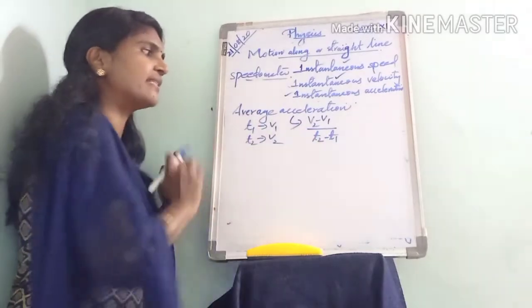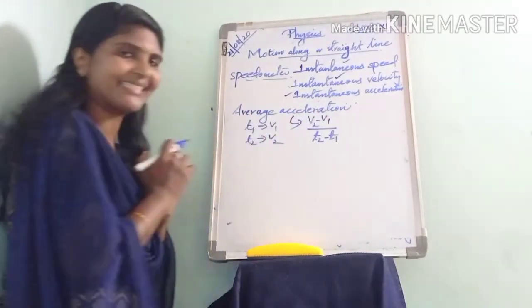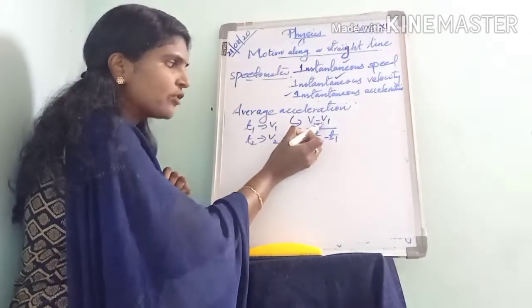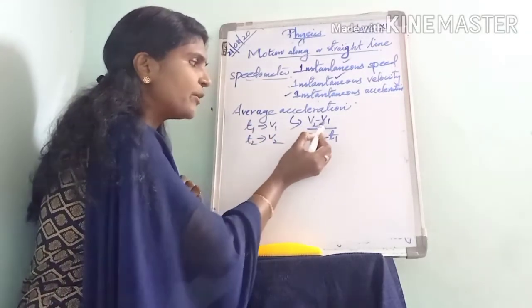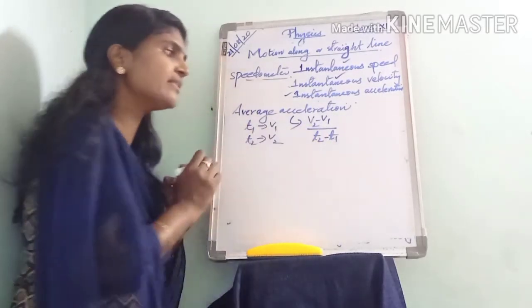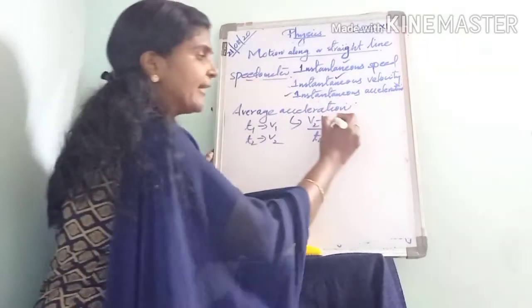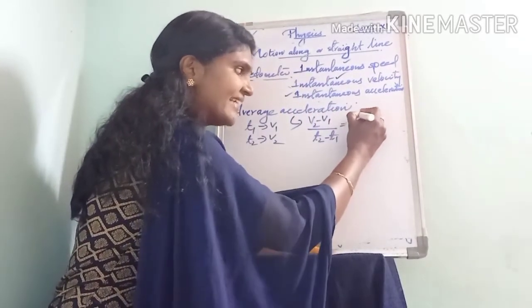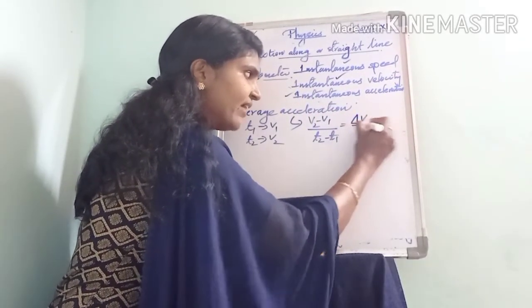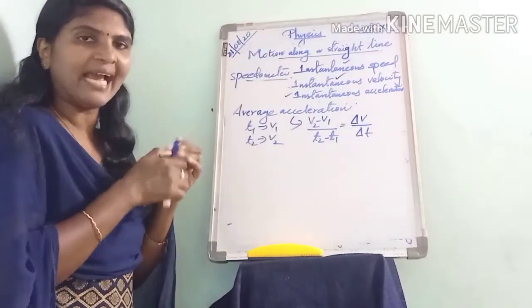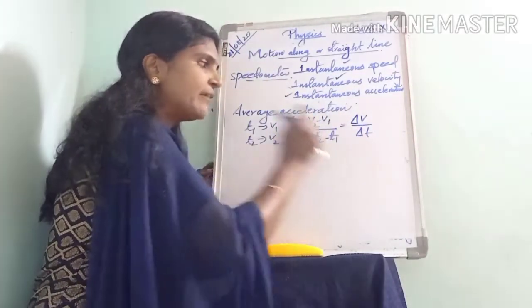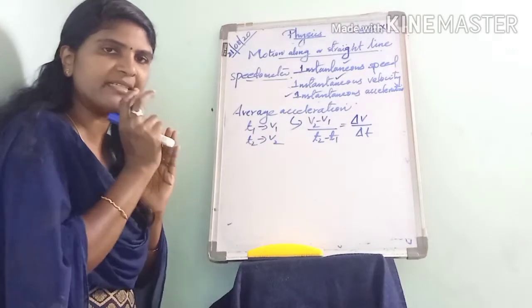The change can be written as delta, so delta v divided by delta t is the average acceleration.